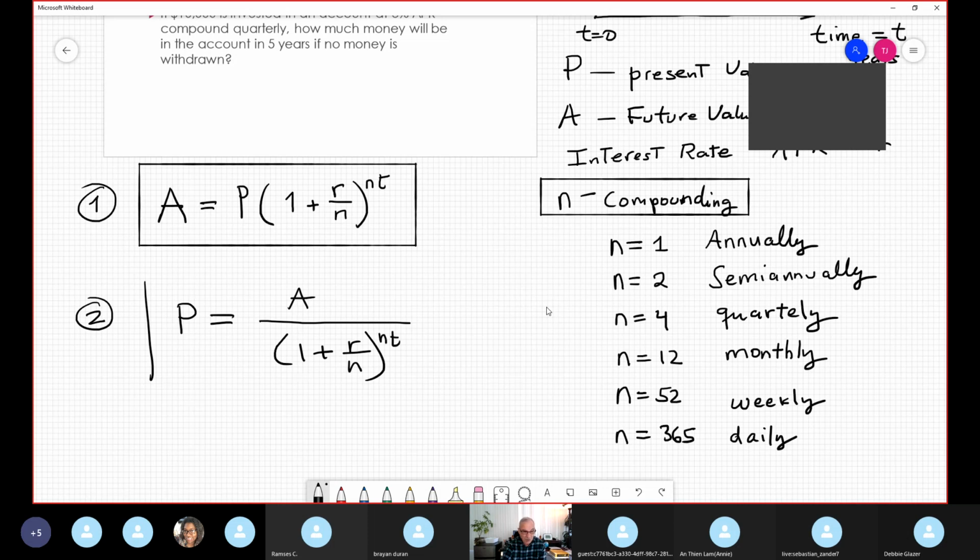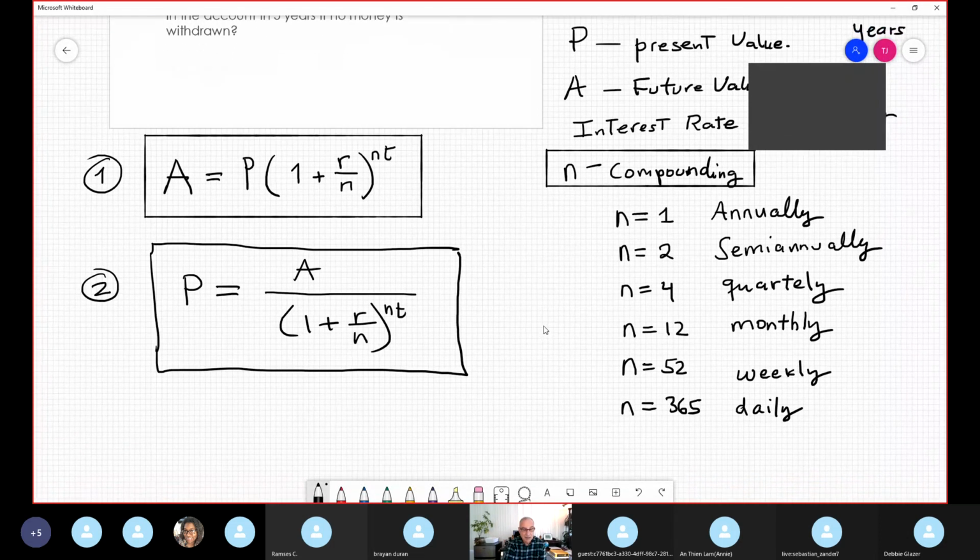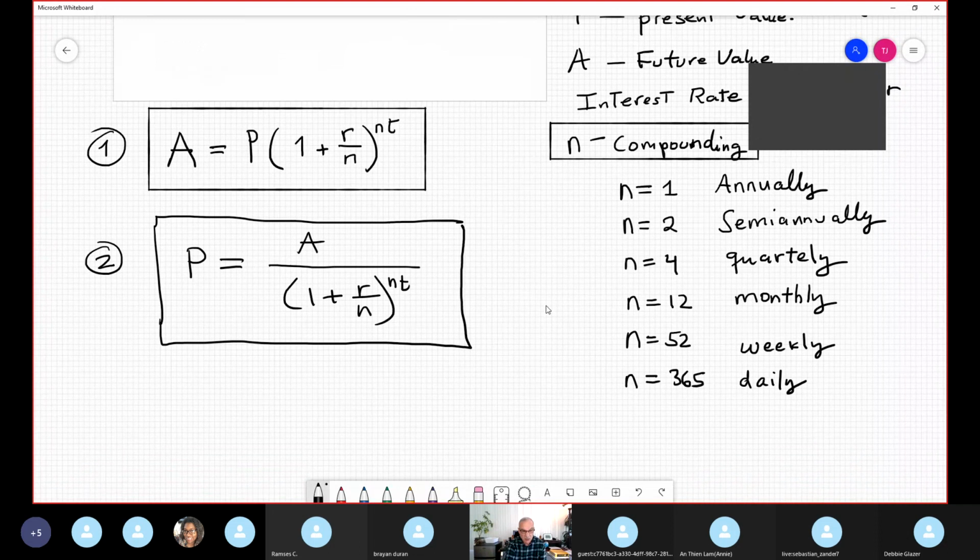It's the same formula, but in this case you find the present value because in some problems, for example, you try to predict the money that you need now because you deposit this money in one bank account in order to get some money in the future.